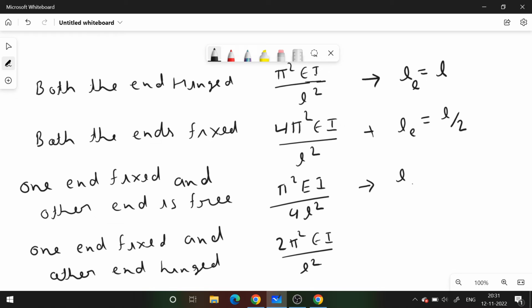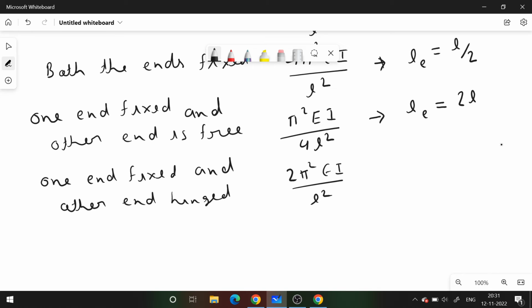For one end fixed and other end free, the equivalent length will be double the actual length. And when one end is fixed and the other end is hinged, it will be equal to L by root 2. Okay.